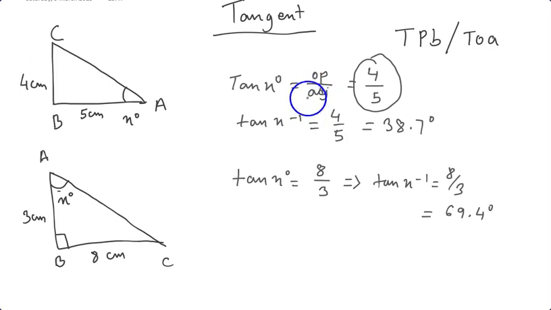When we put this in the calculator, we get 38.65 something. I have considered only up to 3 significant figures, so that means 38.7 degrees. In the second case it differs.